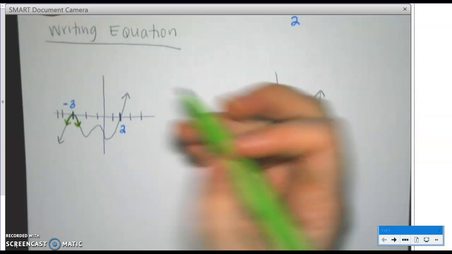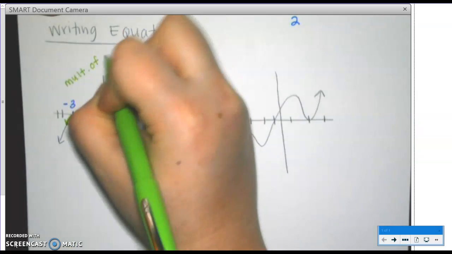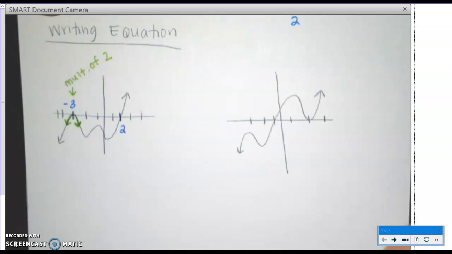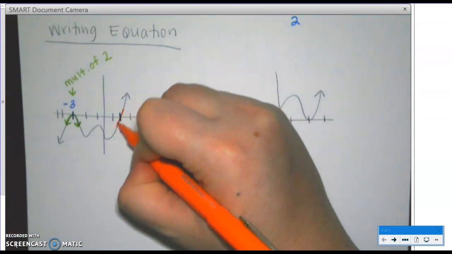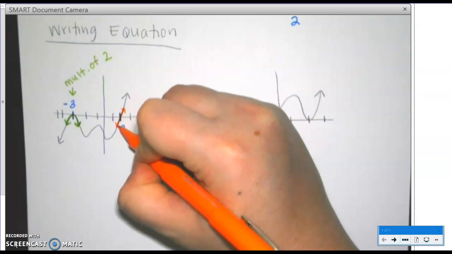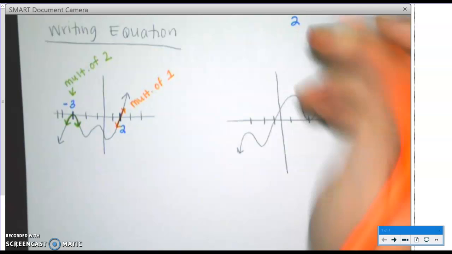So again, this root is going to have a multiplicity of 2 because that looks quadratic where it's hitting the x-axis. And this root is going straight through, so this is going to have a multiplicity of 1.